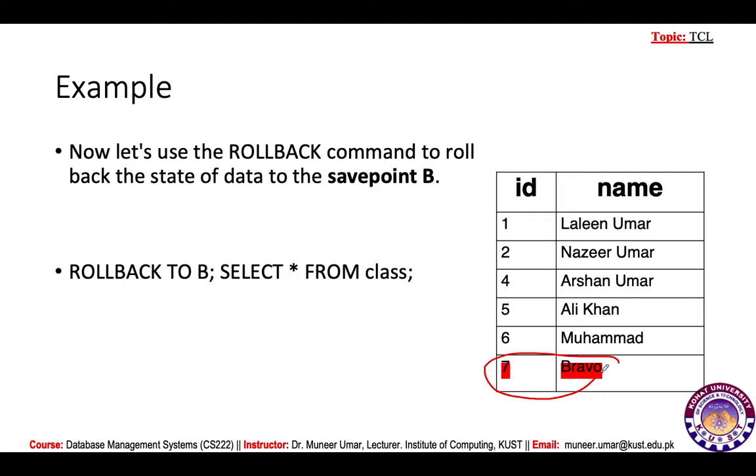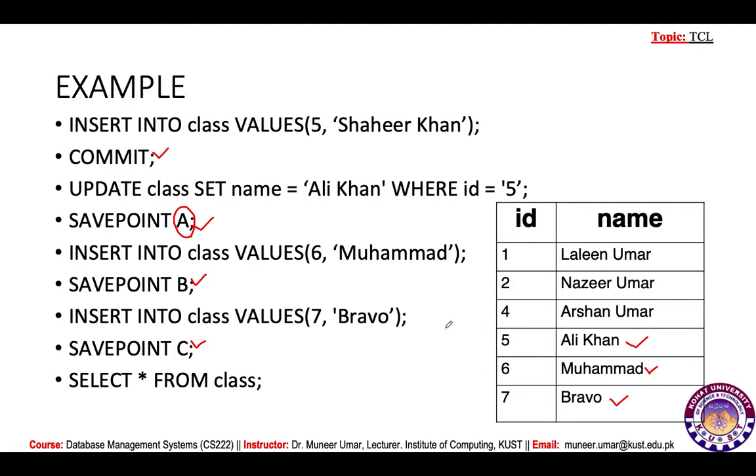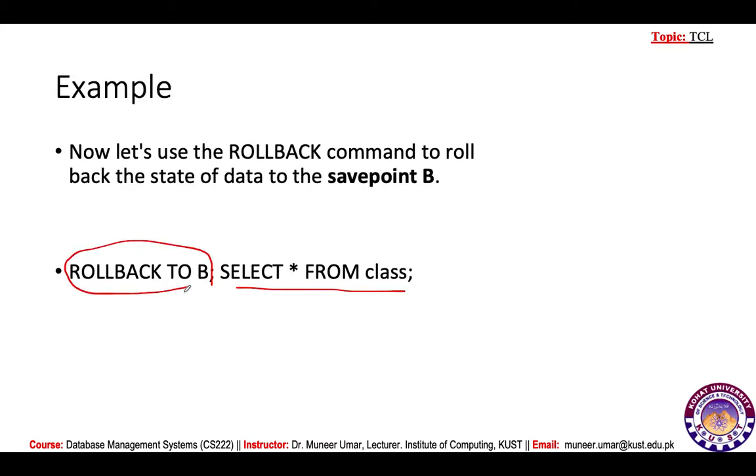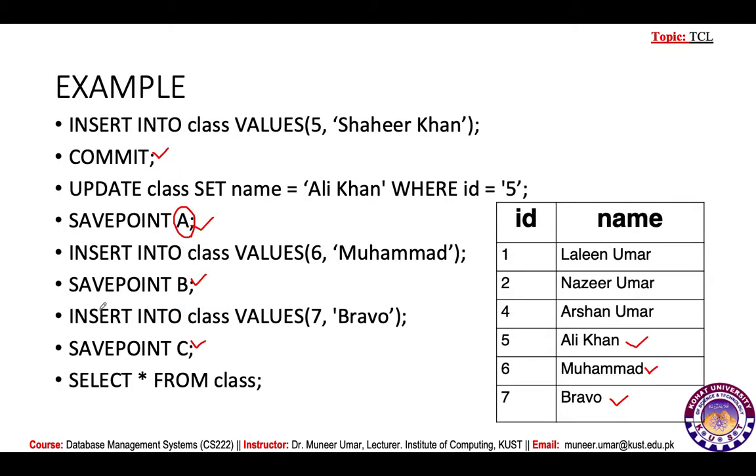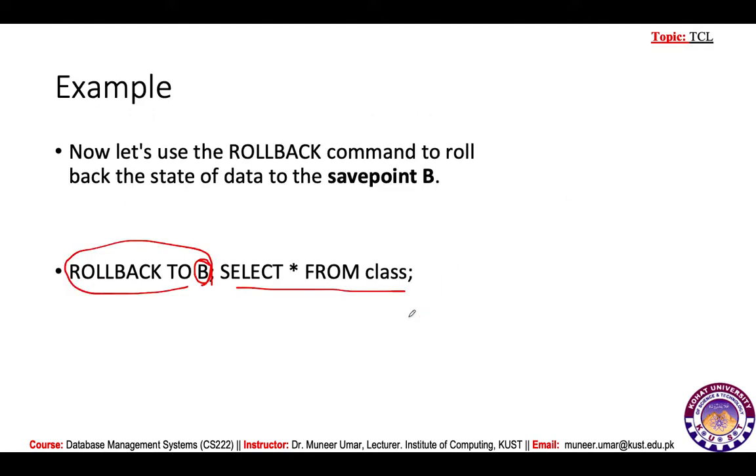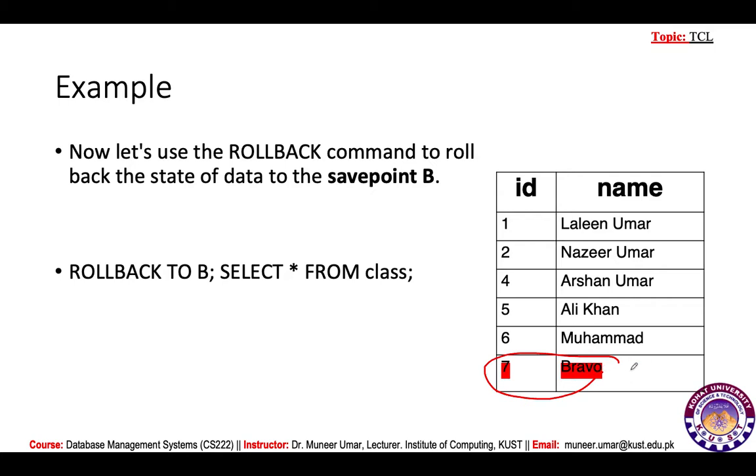Now if you look into this code, this brow came just after save point B, and here with this rollback we have save point B. It means that this rollback reverted these queries up to save point B. So this brow is now rolled back, and in the table we will not have this entry. It would be like this.